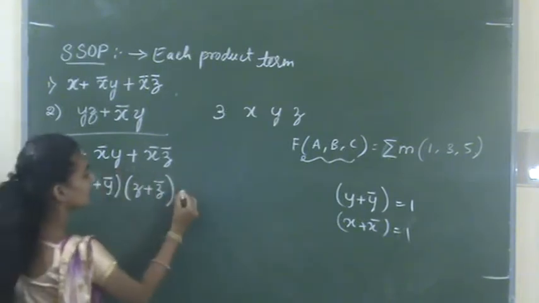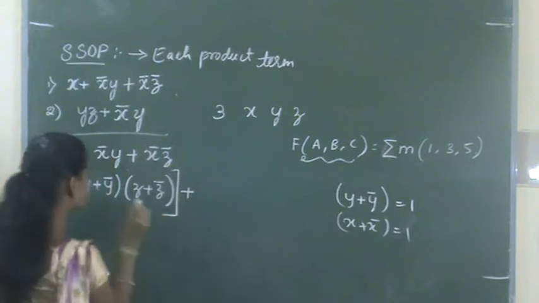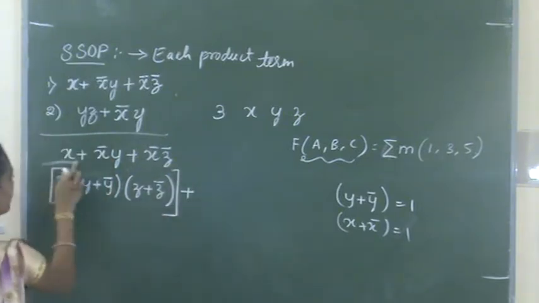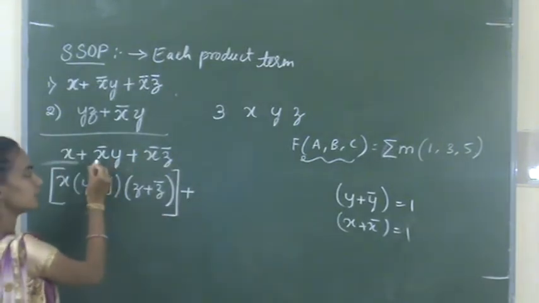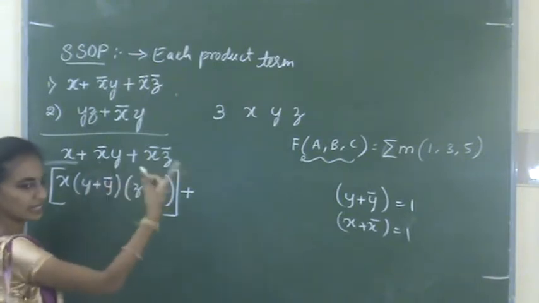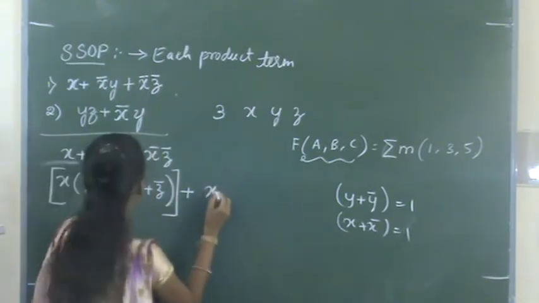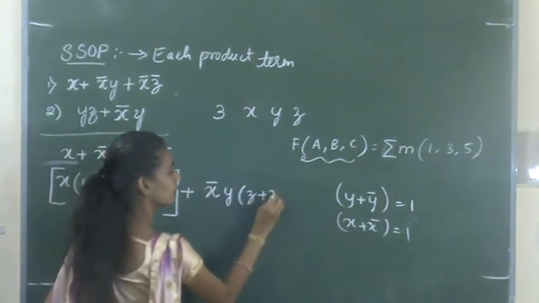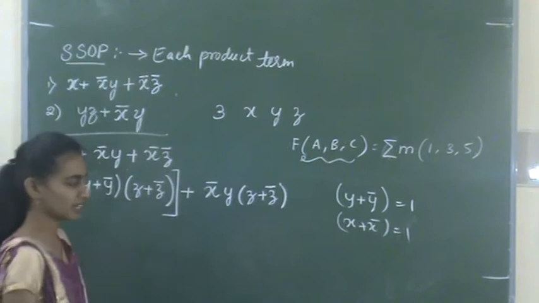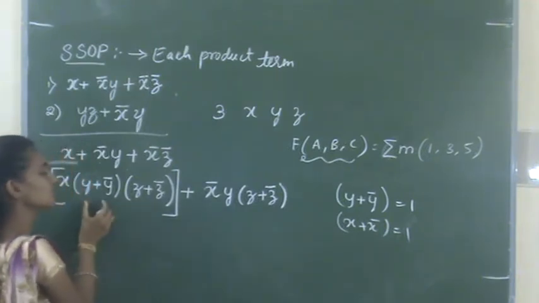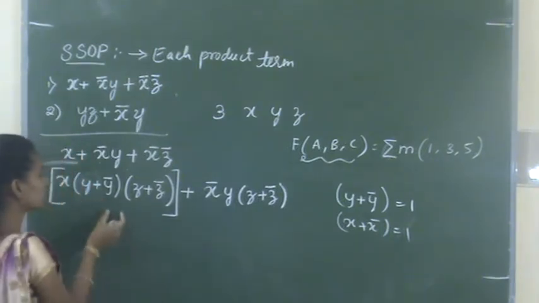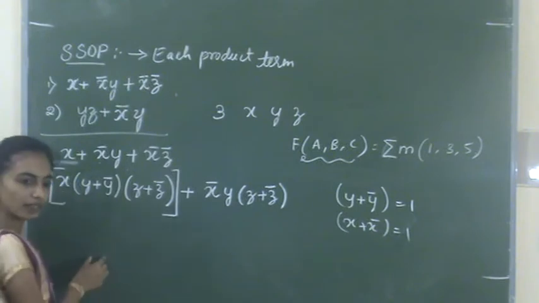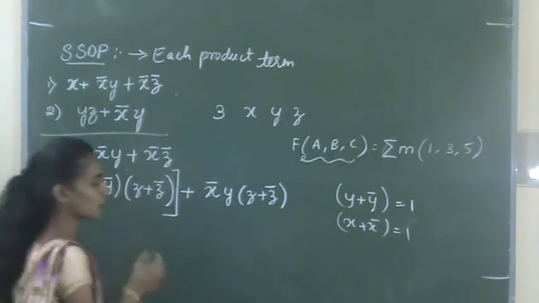Next, the second product term has x bar and y, but z is missing, so x bar y into z plus z bar. This is equal to 1, and if you multiply 1 with any variable, we get the variable only.